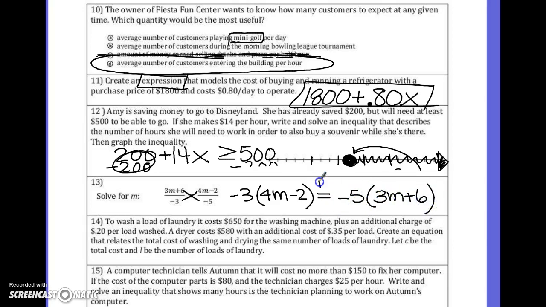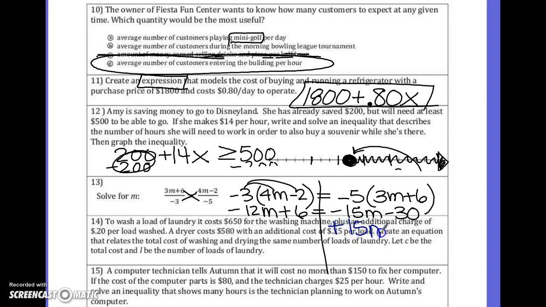And now we solve it just like a normal equation. Distribute, -12m plus 6 equals -15m subtract 30.